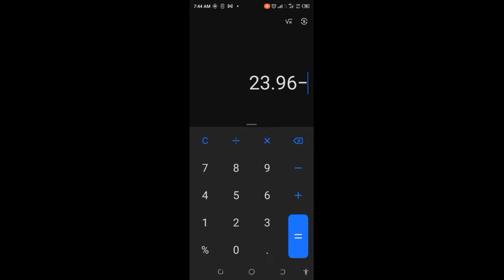Let's just check that out in terms of the calculations. We're going to use 23.63 for this calculation because that's what actually came in.